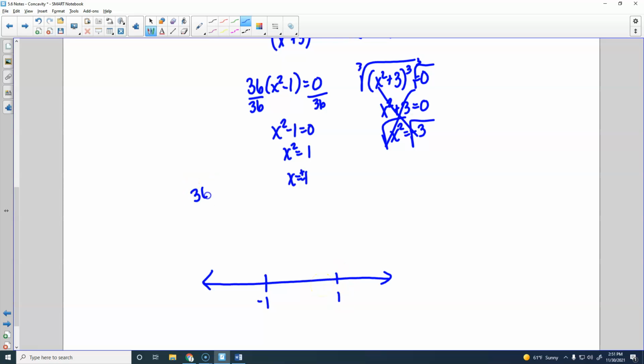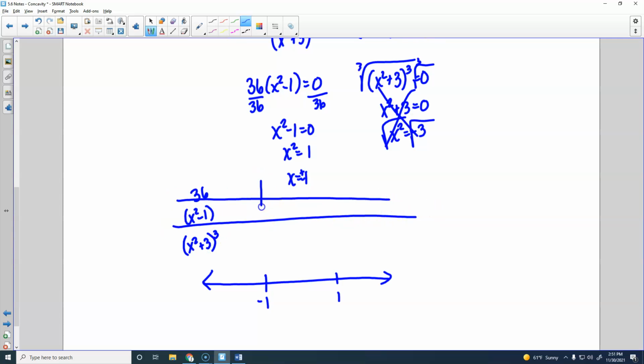We've got 36, x squared minus 1, and then x squared plus 3 to the third. It is okay to leave off 36 because all of it is positive, which is not going to change the sign. If that had been a negative 36, you would have to include it. So you could get away with not including it.